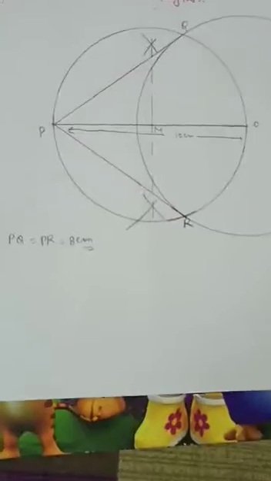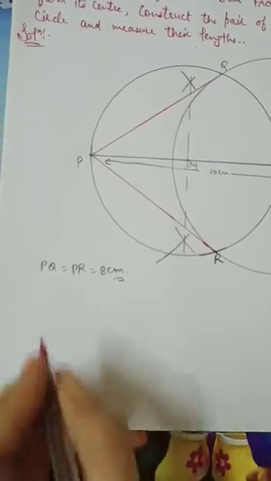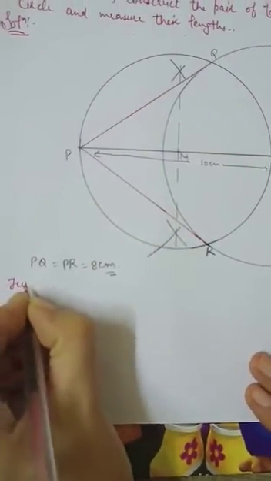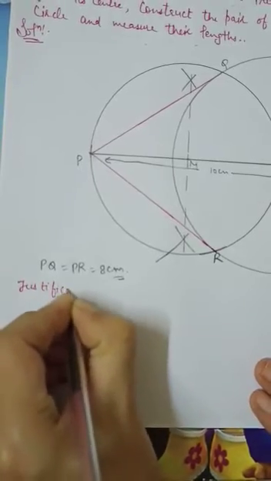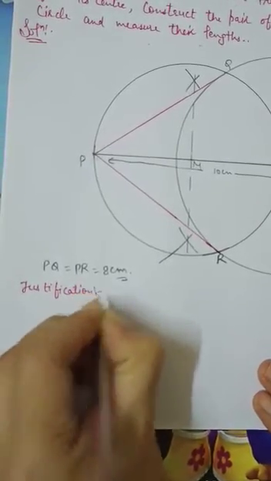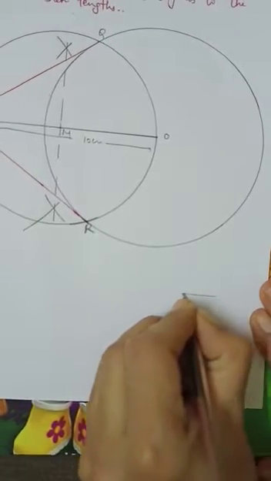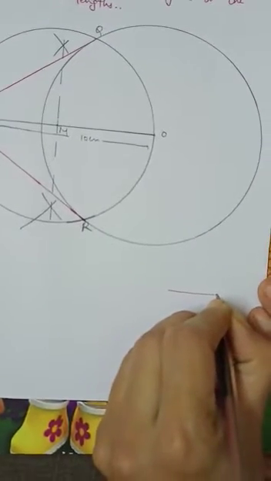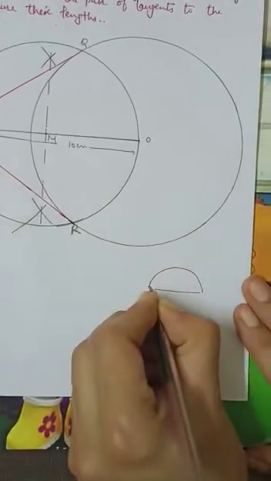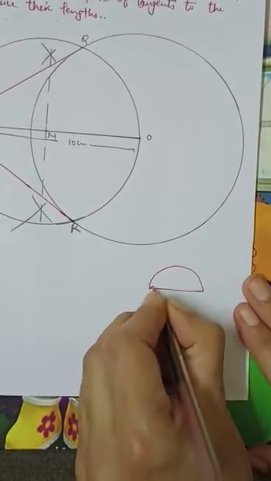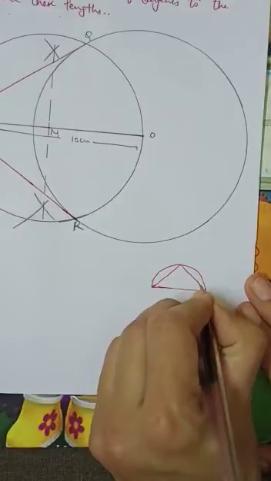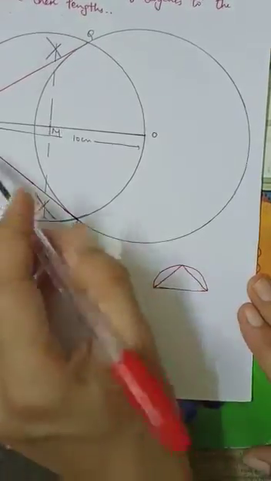Let us start the justification of the question. Firstly, we recall the theorem we studied in the 9th standard: any angle in a semicircle is always 90 degrees.